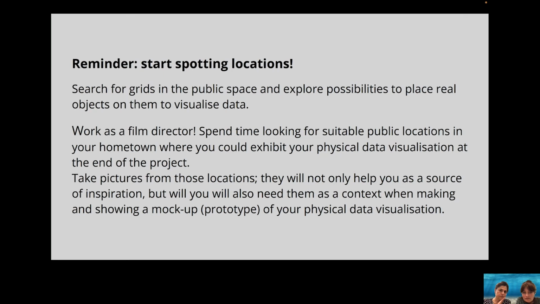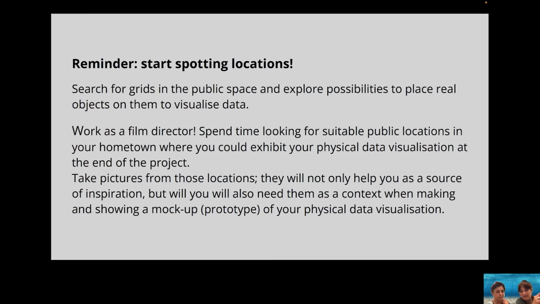And lastly, but not least, a reminder we told you already last week: start spotting locations that could be interesting to place, at the end, your physical data visualization. You need not only the place to build it, but also try to search for grids.